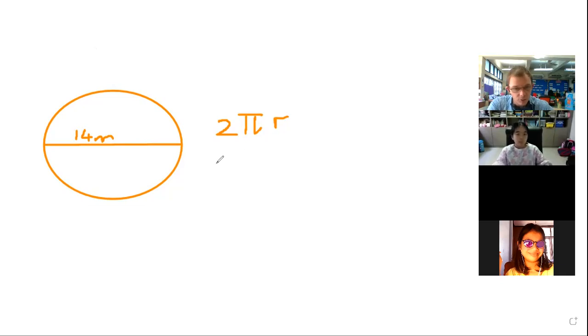So 2 multiply with 3.14. What is our radius? What is the radius of the swimming pool? 7. 7 meters.